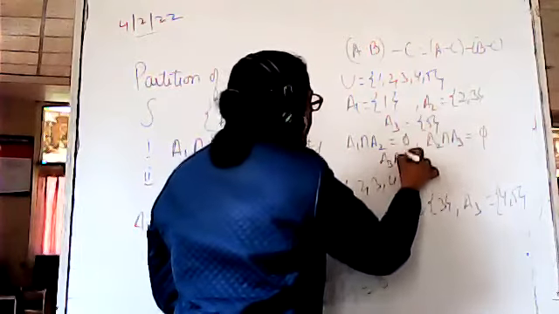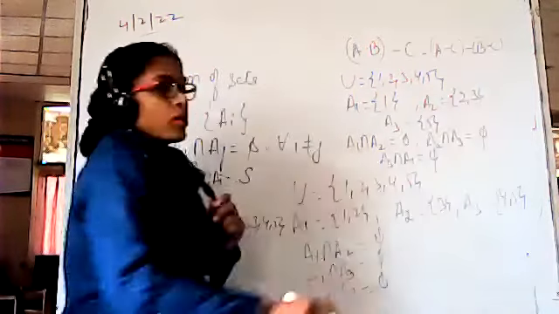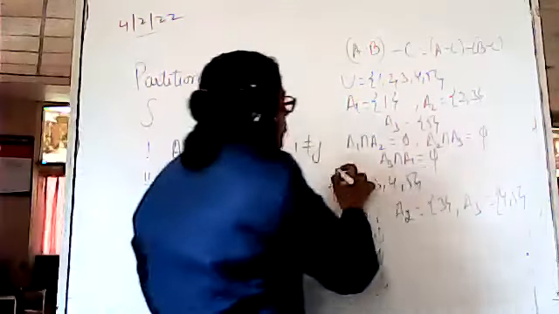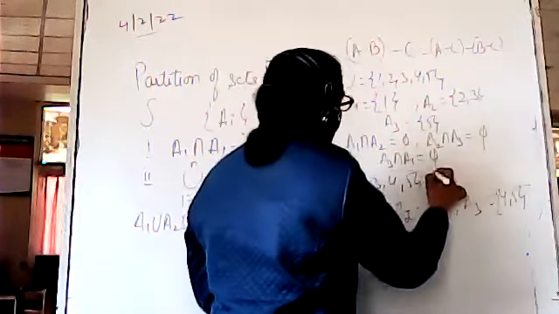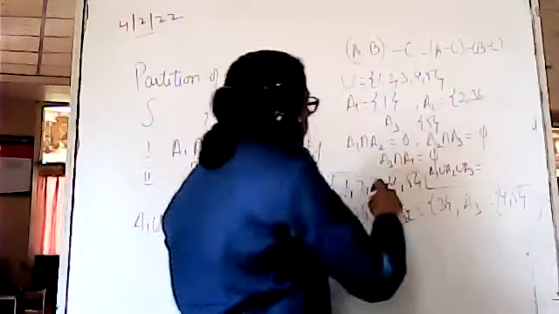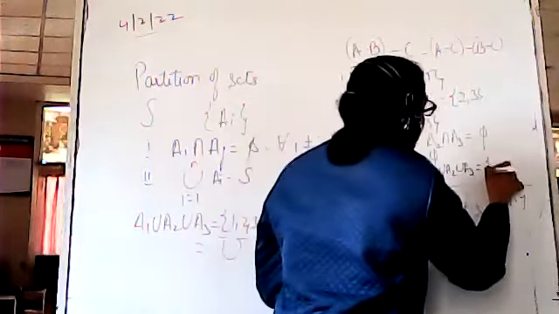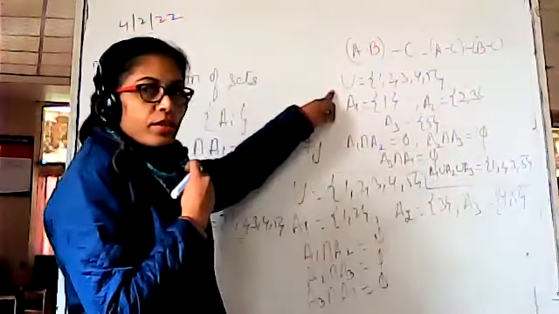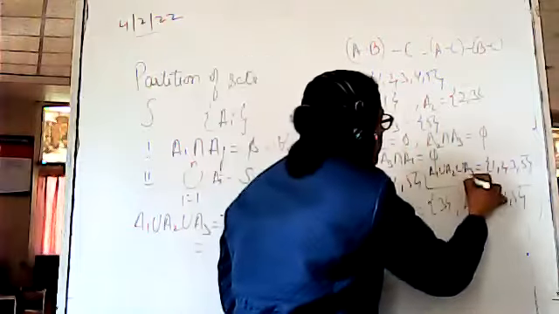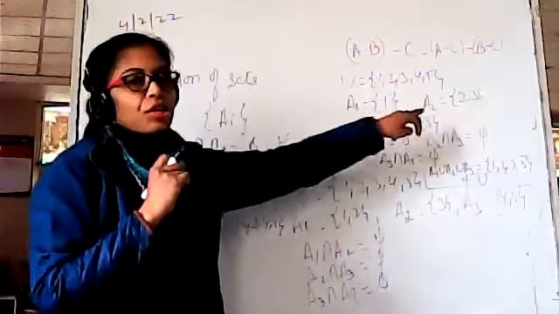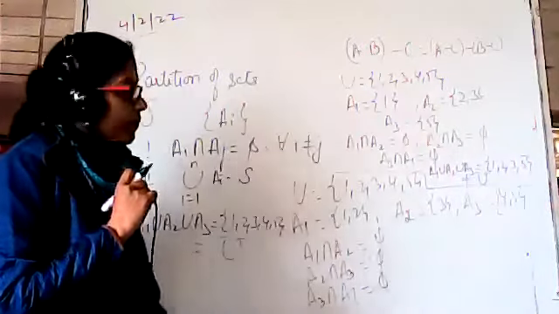Intersection of A3 and A1 is again equals to phi because nothing is common. First condition is satisfied. But if we take the union of all these sets, A1 union A2 union A3, it will be 1, 2, 3 and 5. Is this equals to this set U? No, this is not equals to the set U. So this is not a partition of the given set.